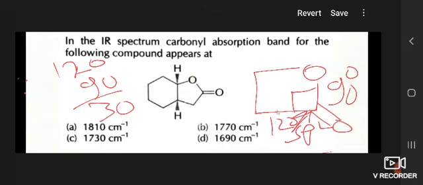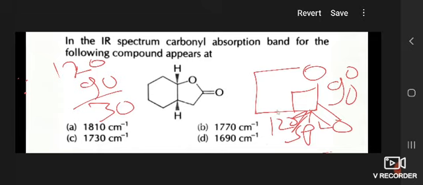And you can see that for a 6-membered cyclic ester it is 1735 cm⁻¹, and here a 4-membered cyclic ester is given, that means the ring size is decreased by 2 carbons. So we have to increase the IR stretching frequency from 1735 cm⁻¹ to a higher value, and we have to add 50 to 60 units because 2 carbons are decreased.